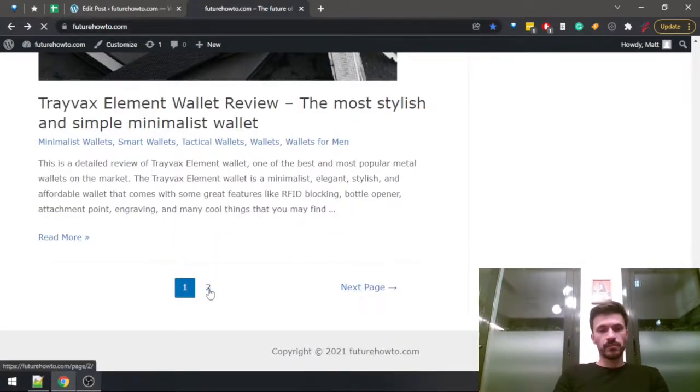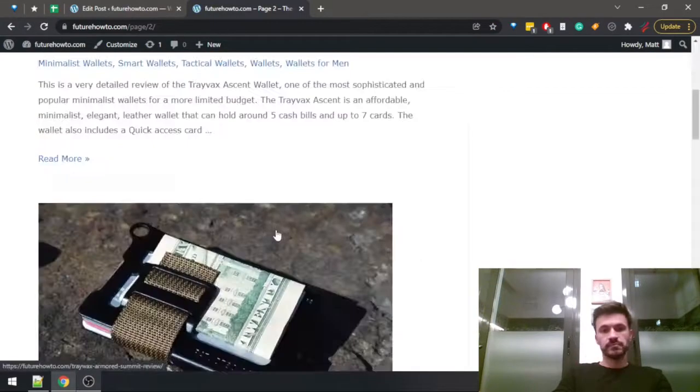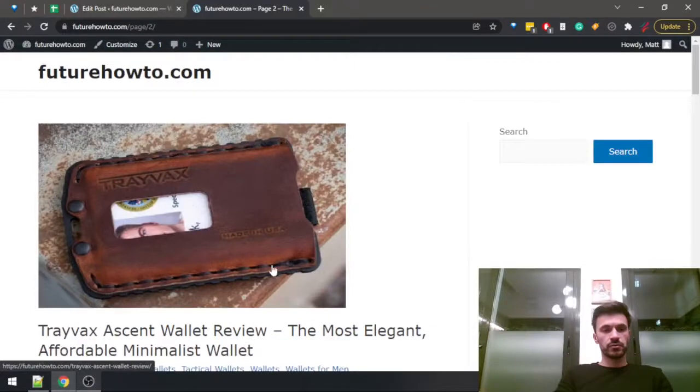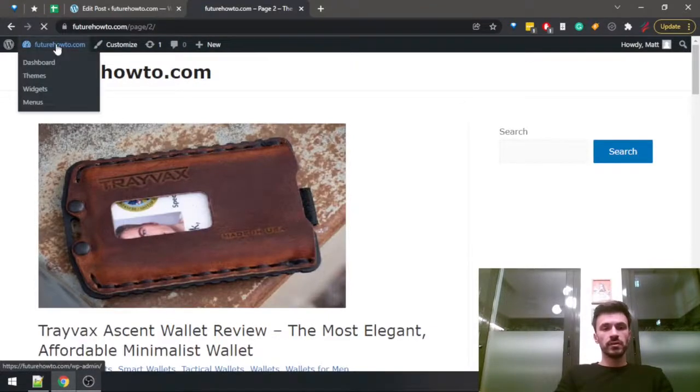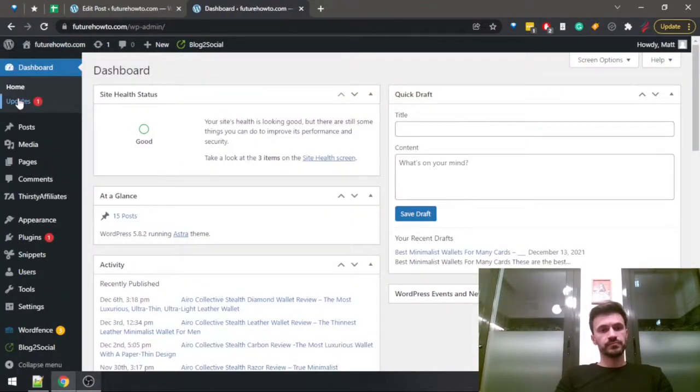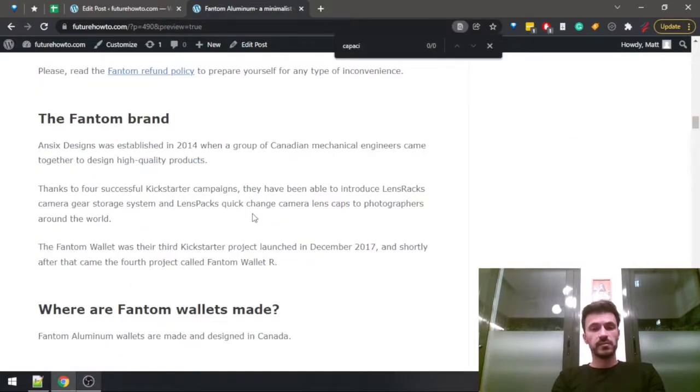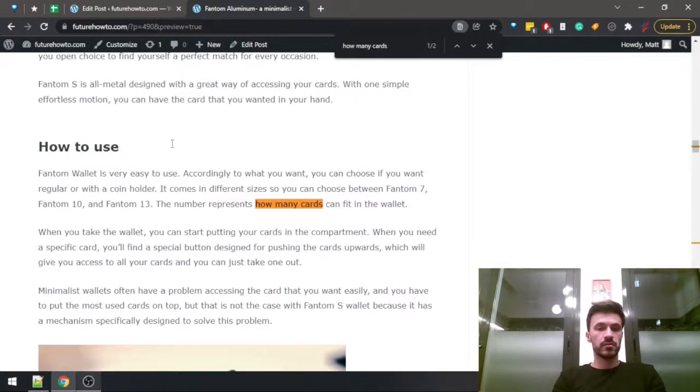What's going on here? Oh, I think this may be a draft. Let me check real quick here. So we have capacity. How many cards?